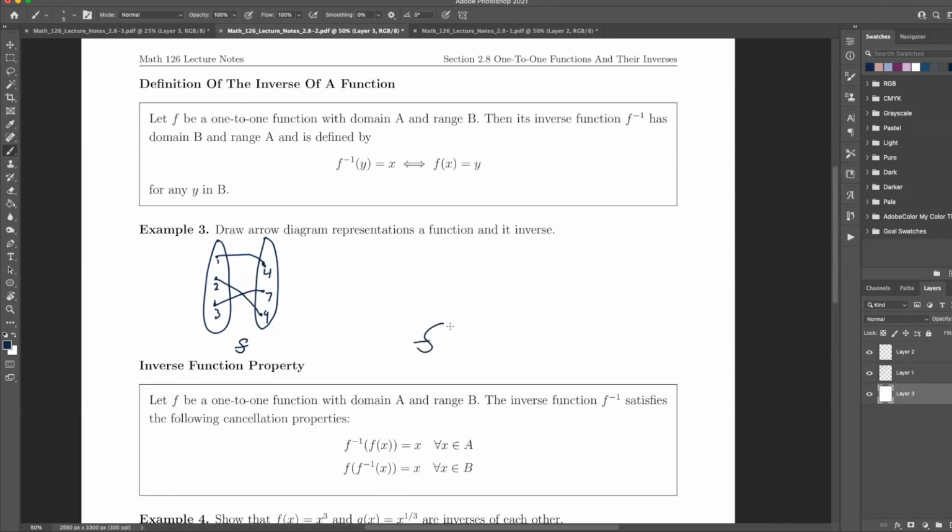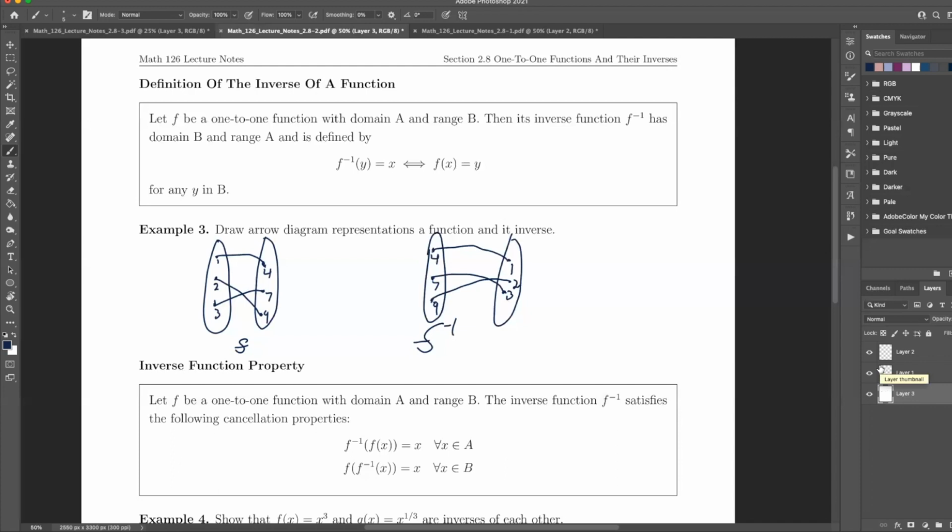My inverse function will take those elements, 4, 7, and 9, and put them back. So I'll take 4 and put it back to 1. It'll take 7 and put it back to 2. Oh, no. 7 went to 3. And 9 will get put back to 2. Okay.